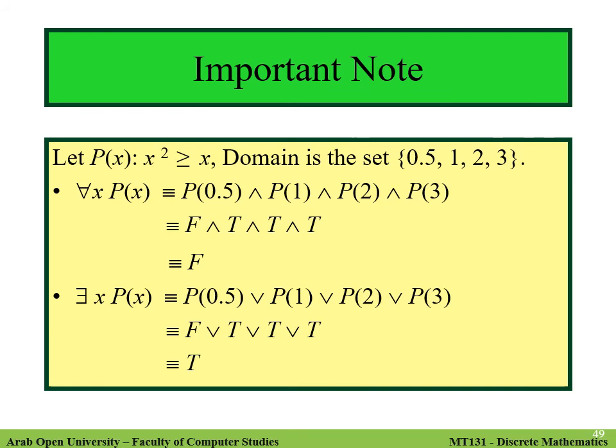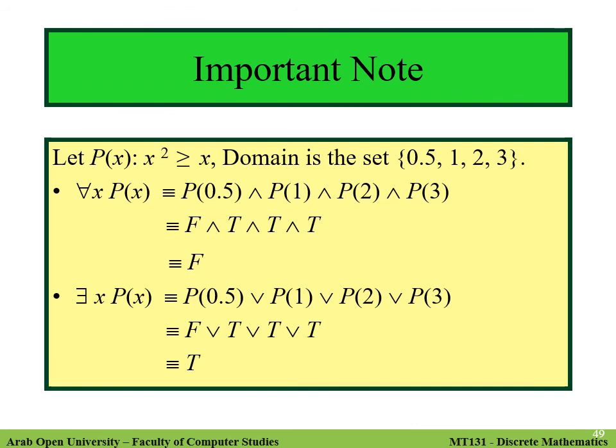Now, when you use the universal quantification, since this is a limited number of values, you can evaluate the predicate at each value and use AND, because this says P of x is true for all x. So you can write P of 1/2 and P of 1 and P of 2 and P of 3. This says the same thing as for all x, P of x.